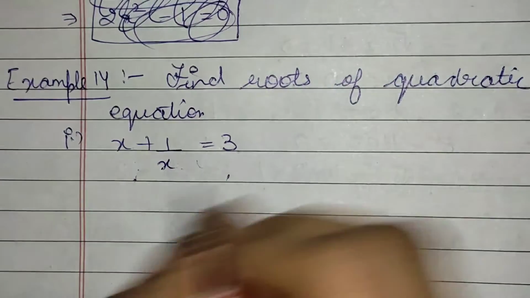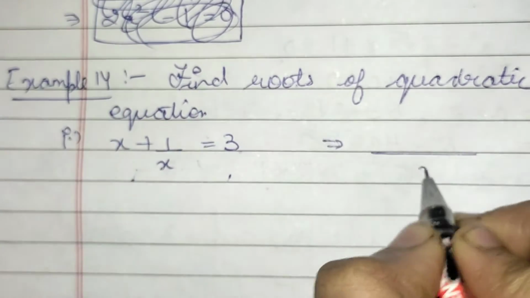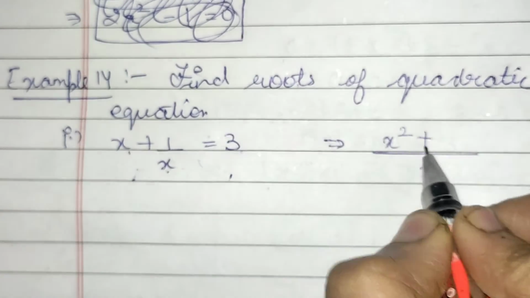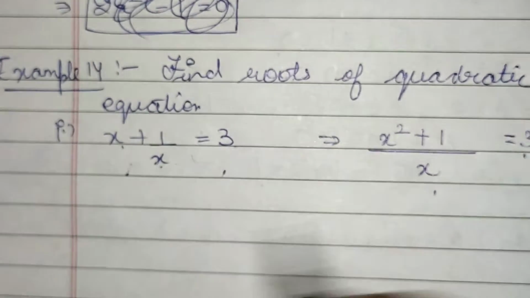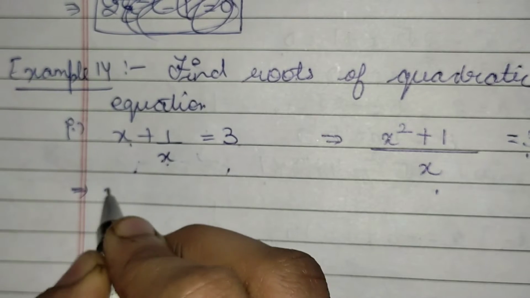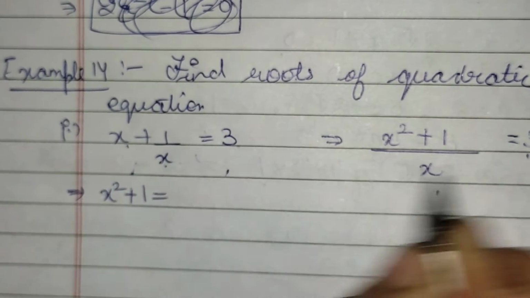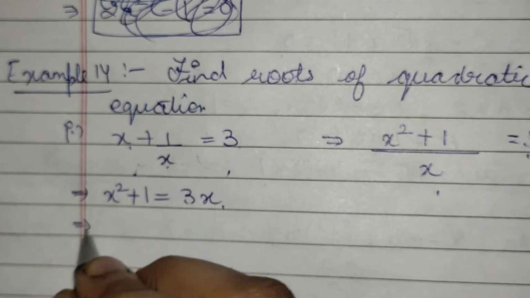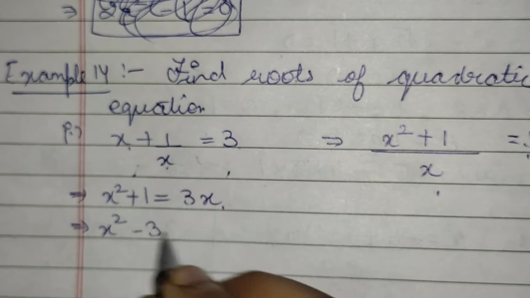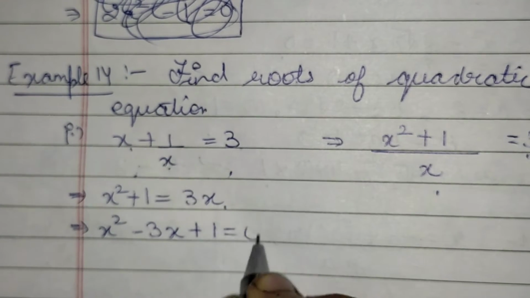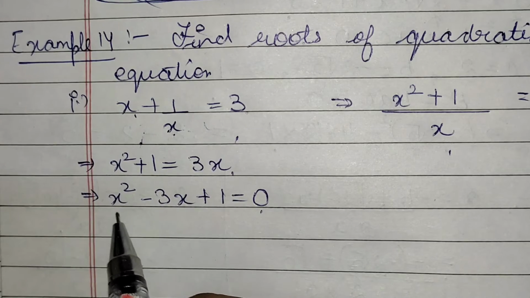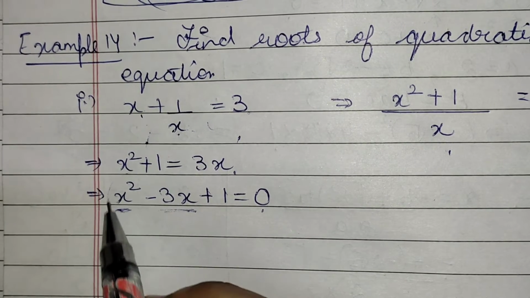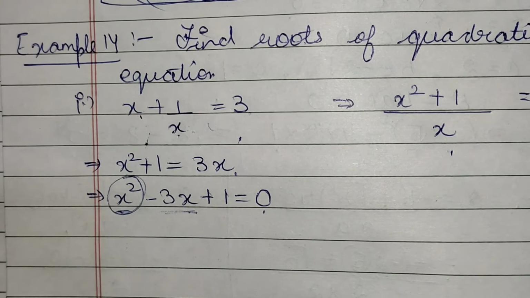So simplify this equation, take LCM as x, which will give you x square plus 1 is equal to 3x, because this x will go to the right hand side and become 3x. So what you will get is x square minus 3x plus 1 is equal to 0. Now you can see that your equation is a quadratic equation because it has highest degree of 2.